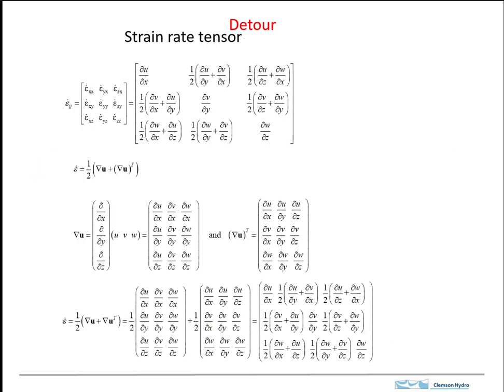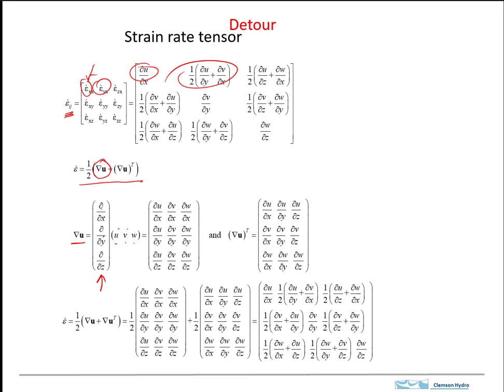So here's the strain rate tensor, and this is what I just showed you. That is that, and that is that, and so on. Okay, so here is what Comsol uses, and let's look at this term first. So that means this. There's the Nabla operator, these partial derivatives, and there is the velocity vector.